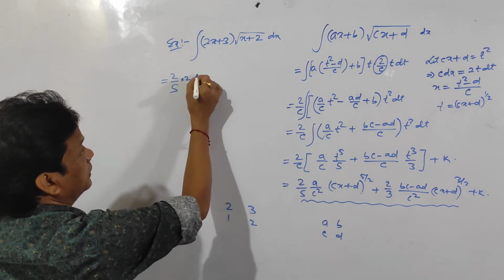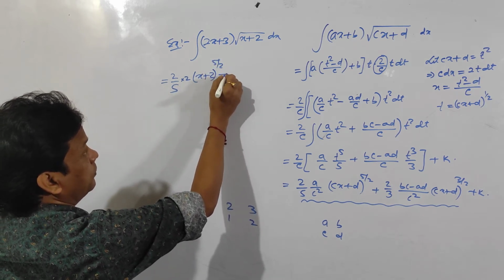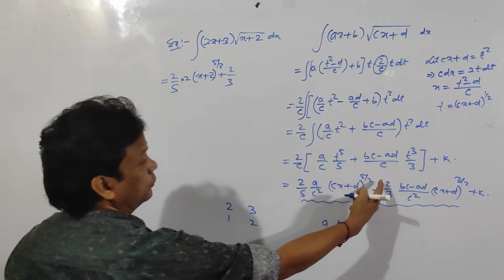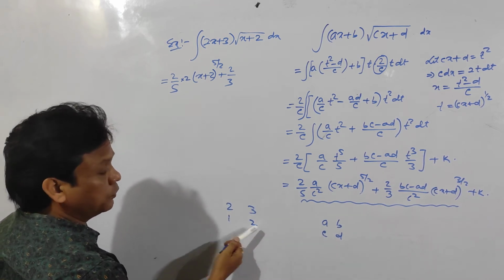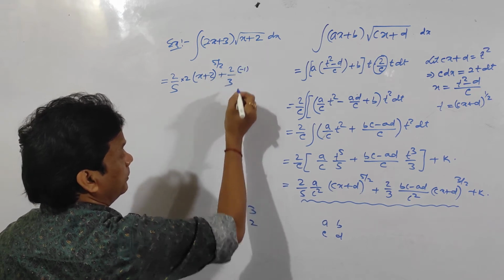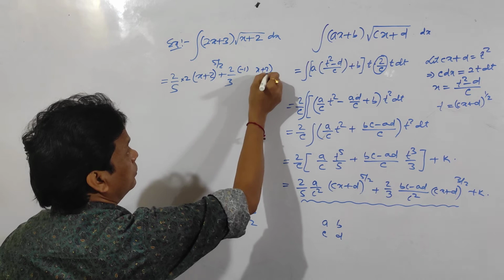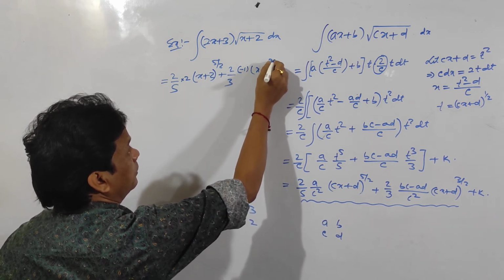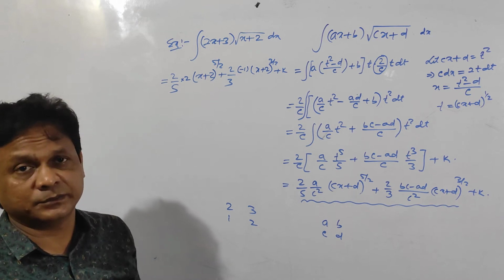Then this part, (x plus 2) to the power 5 by 2. Then plus 2 by 3, bc minus ad, so 3 minus 4, it is minus 1. So minus 1 divided by c square, which is 1, into (x plus 2) to the power 3 by 2, plus k or c. So this is your answer.